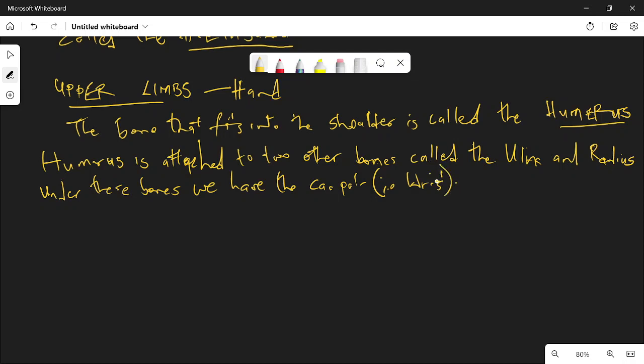That is the wrist. That is where we have what? The carpals, the wrist or the wrist bone. Are we together? Yes, sir. The wrist or the wrist bone.